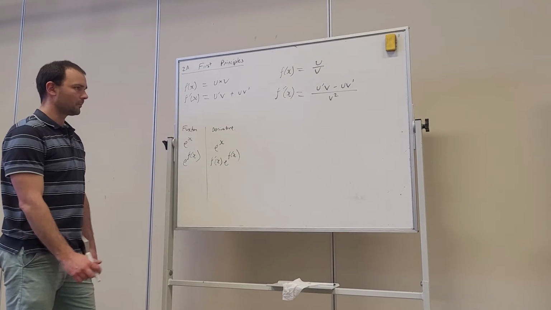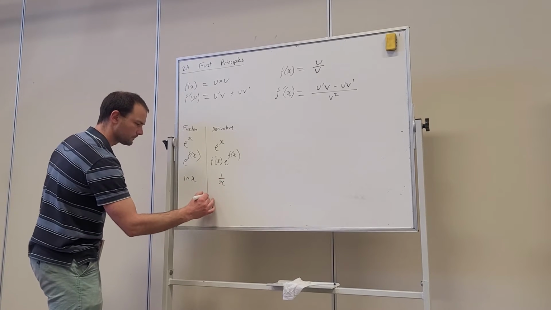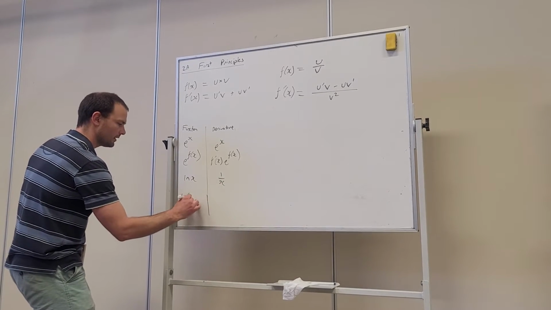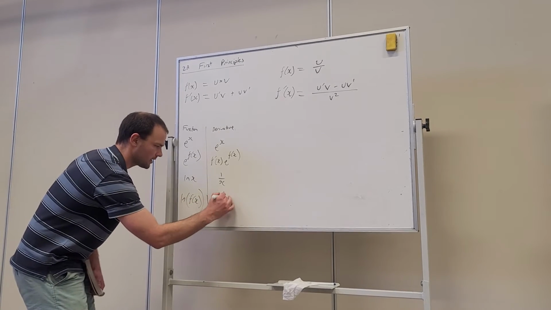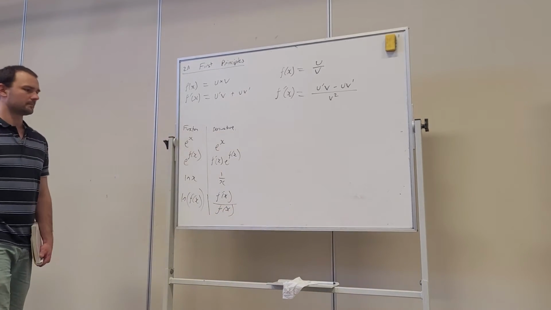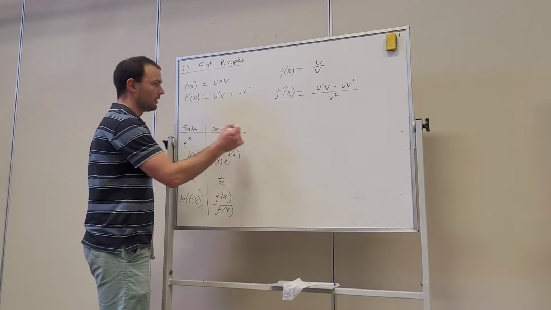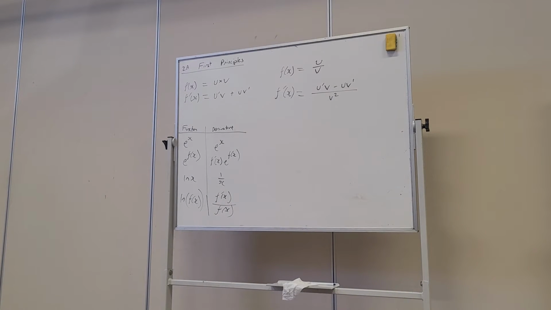And if we have ln of x, the derivative is 1 on x. And if we have ln of f of x, the derivative is f dash of x on top of f of x. Okay, so there's a bit of a table for us to do the product rule, the quotient rule, exponentials and logarithms all in one go.